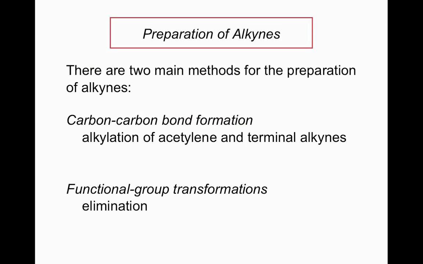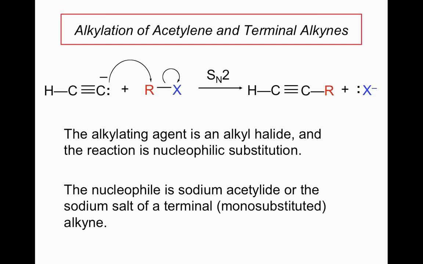So to prepare alkynes, there are two main approaches that we use in the synthetic laboratory. One is carbon-carbon bond formation through an alkylation event of acetylene or other terminal alkynes. The second group is a functional transformation consisting of elimination reactions that you've already seen before in this class. So, given that we can deprotonate a terminal alkyne using a very strong base like sodium amide, we can create a carbanion that acts like a nucleophile in SN2 reactions with alkyl halides.